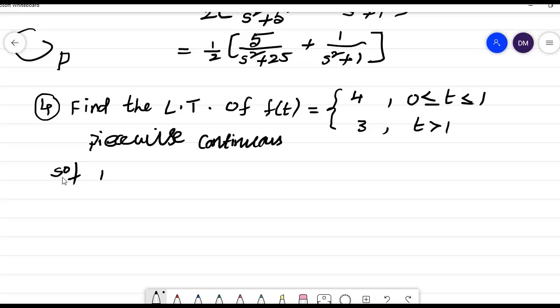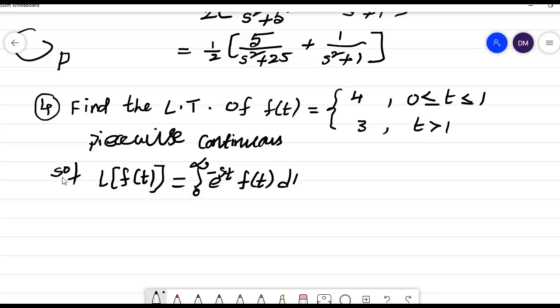The definition of Laplace transform is L of f of t equals integral 0 to infinity e power minus st f of t dt. By using this standard definition, we can find the Laplace transform of f of t, right?